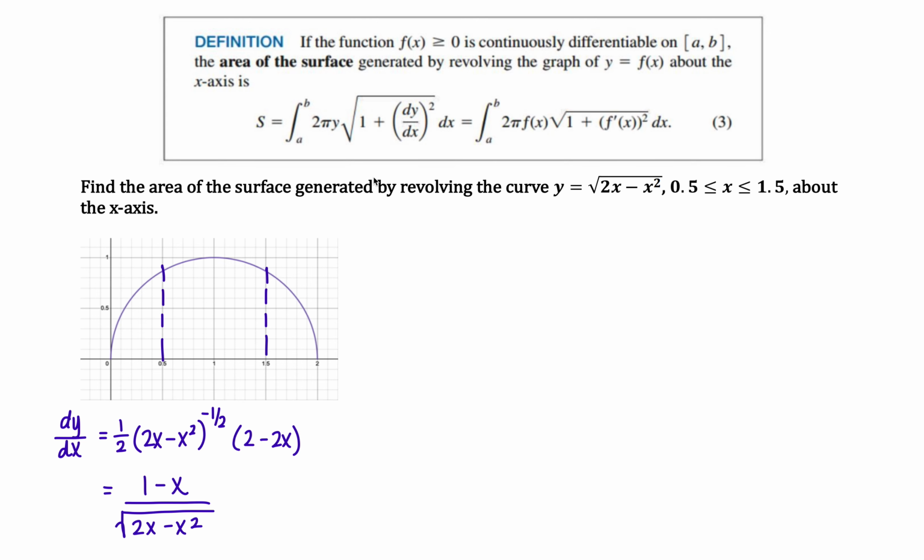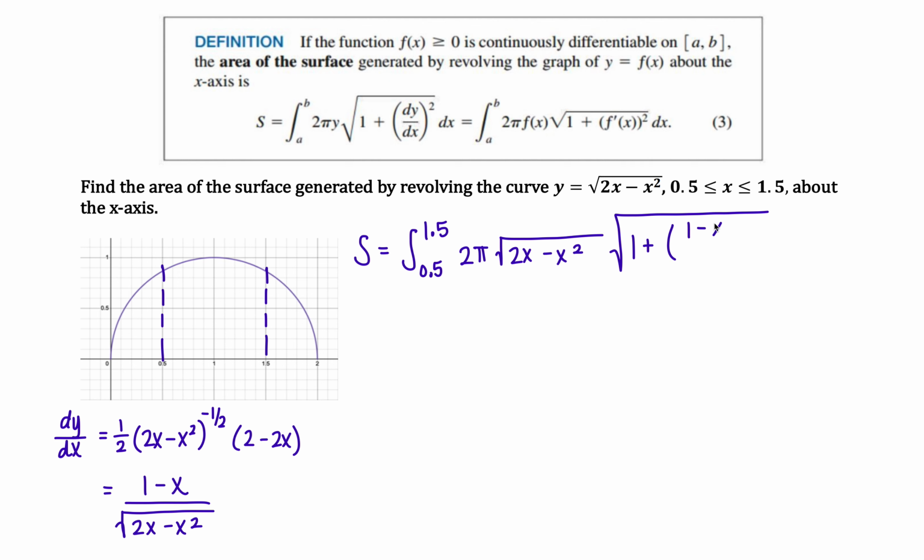So now I can go ahead into the formula. Surface area is the integral from 0.5 to 1.5 of 2 pi times the square root of 2x minus x squared, that's our y value, times the square root of 1 plus the derivative squared.